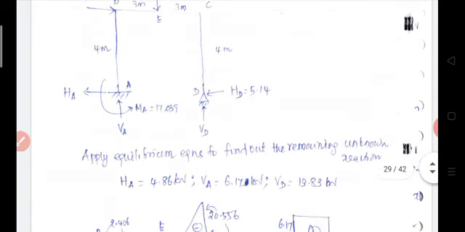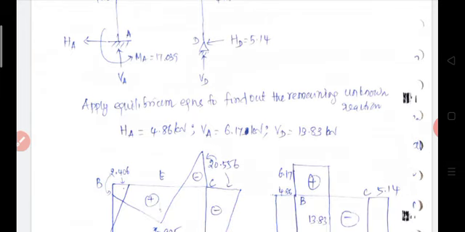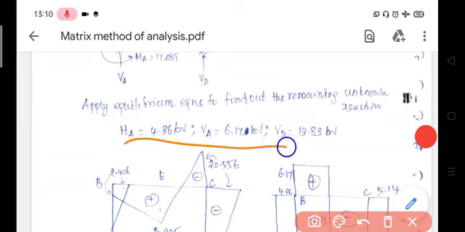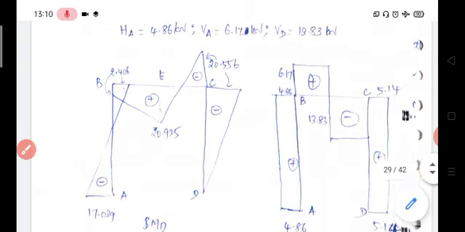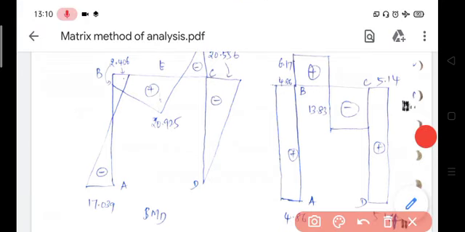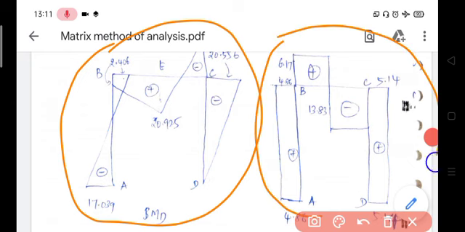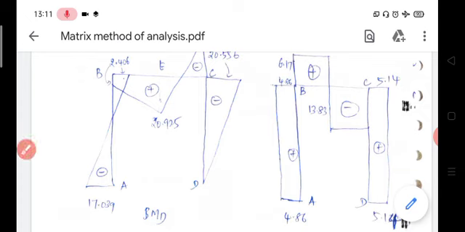So, apply 3 equilibrium equations, summation of H equals 0, summation of V equals 0 and summation of M equals 0. So, finally, HA is equal to 4.86, then VA is equal to 6.17, VD is equal to 13.83. Then after determining the support reactions, you should draw the bending moment and shear force diagrams. Thank you.